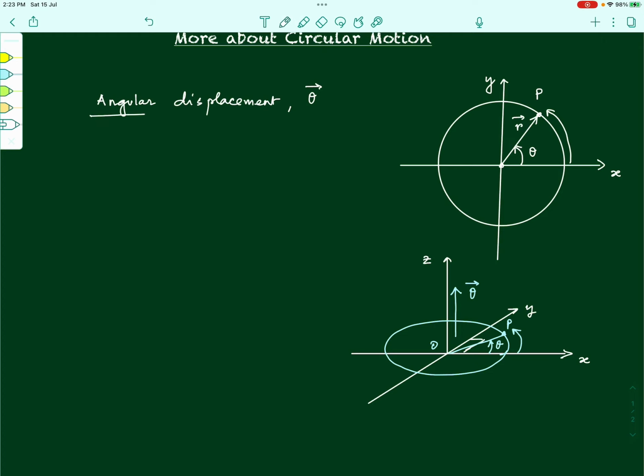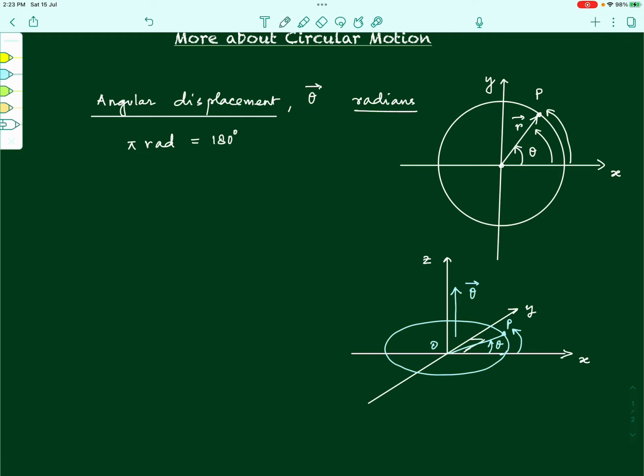Also, the unit of theta, generally till now we have measured angles in degrees, but when we talk about the SI unit, we take the SI unit of theta as radians and not degrees. So, radians is the SI unit of angular displacement, where we all know that pi radians is equal to 180 degrees. This is the conversion factor which we can always use whenever required.